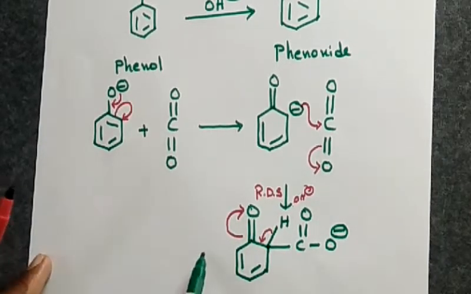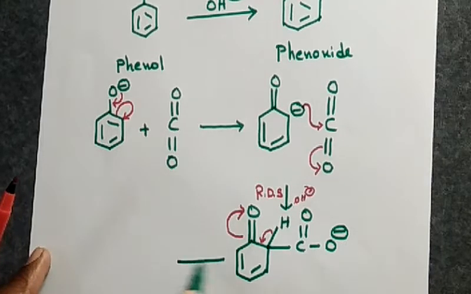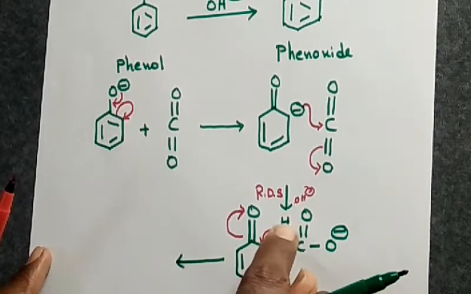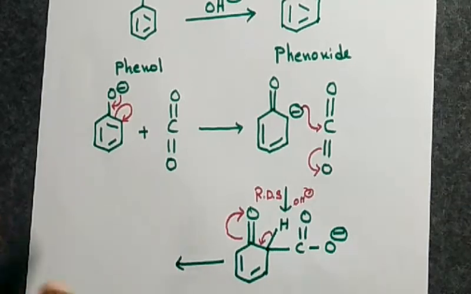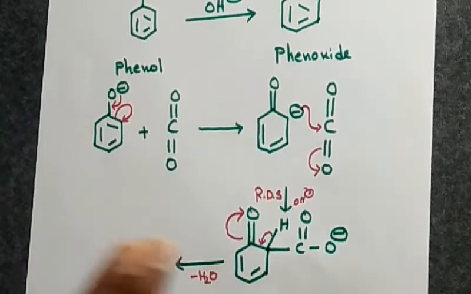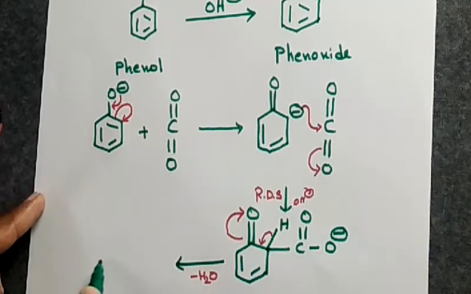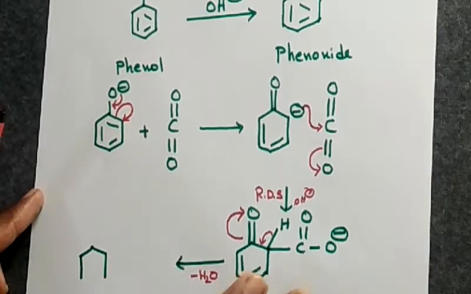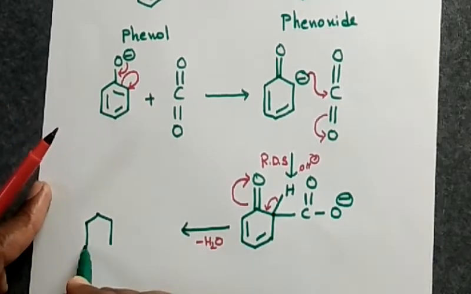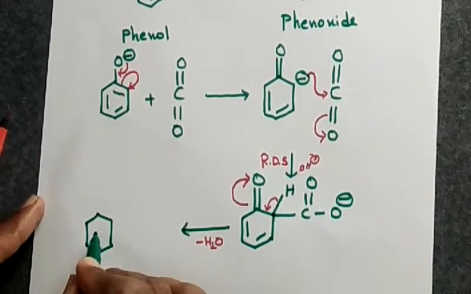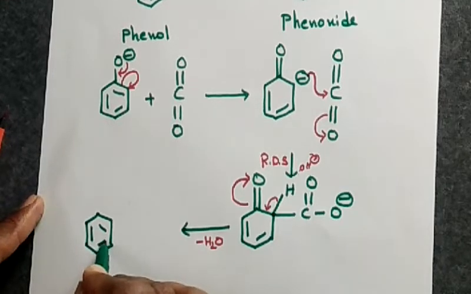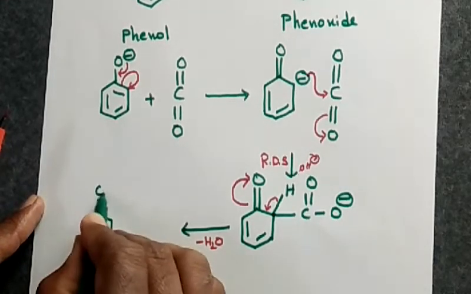Next, the hydrogen is removed with the help of the base, so water is removed, right? Then the structure becomes like this, and the aromaticity is again regained.